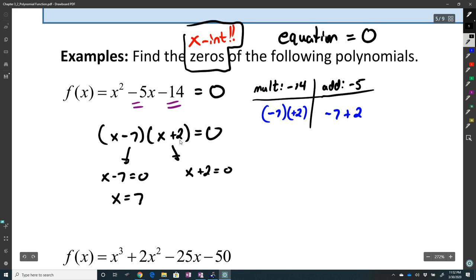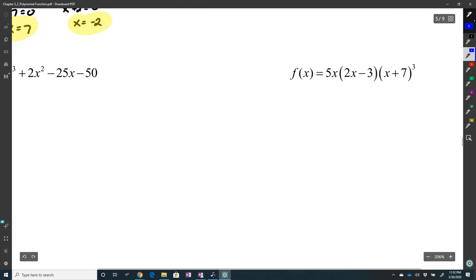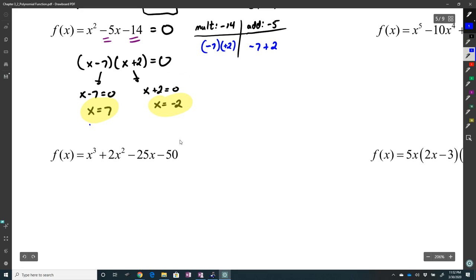So x equals 7, and x equals negative 2. So those are your zeros of the function. If you wanted to, you could write them as coordinates. So that would be 7, 0, negative 2, 0. Right.